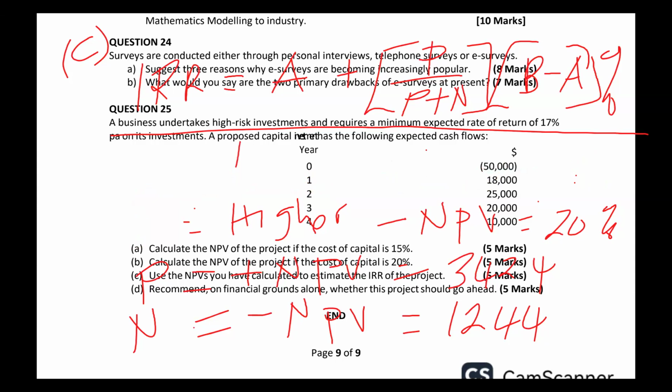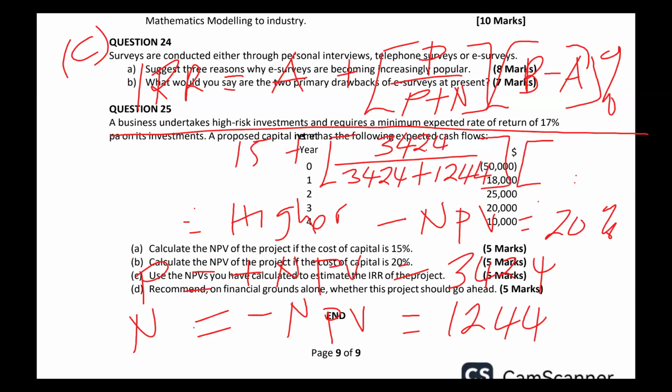Our A is 15. 15 plus, open the bracket, the positive NPV is 3424 divided by 3424 plus the negative NPV, which is 1244, times the higher rate B, 20, minus 15.